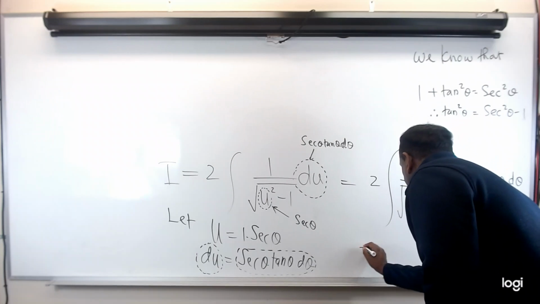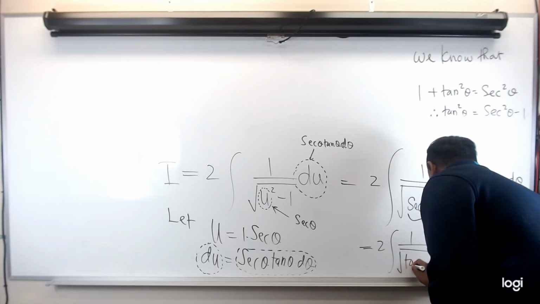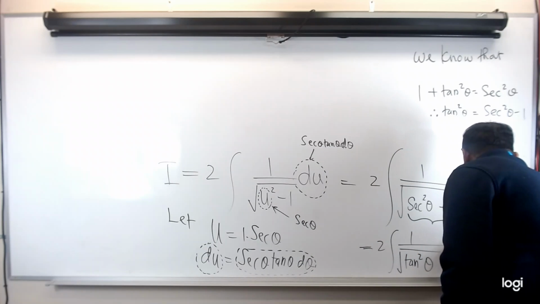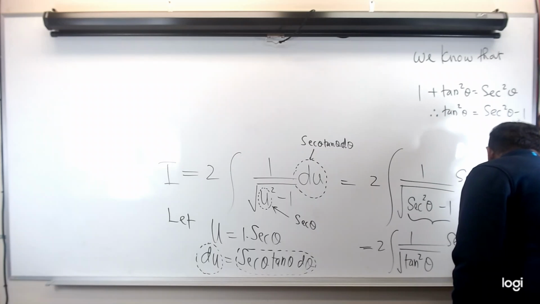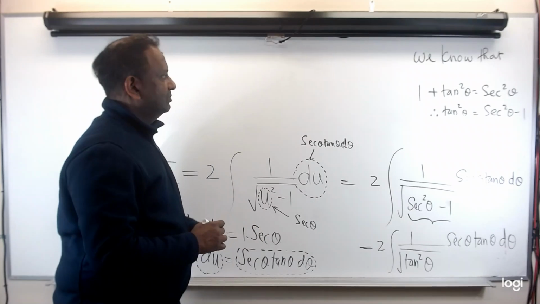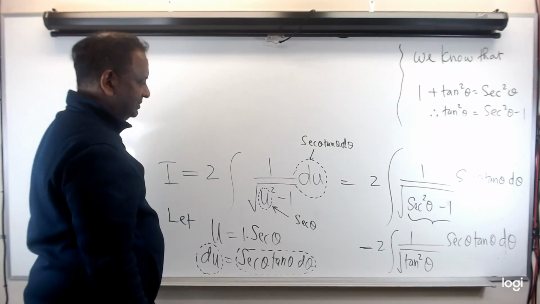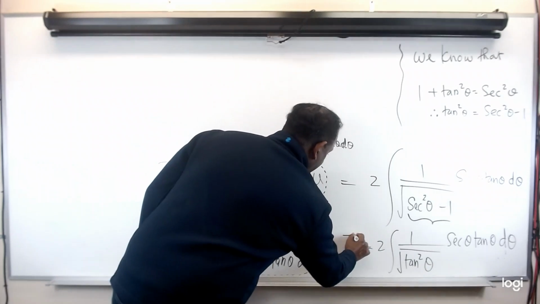So this can be easily replaced by 1 over the square root of tan squared theta, times secant theta tan theta d theta. That's my I.